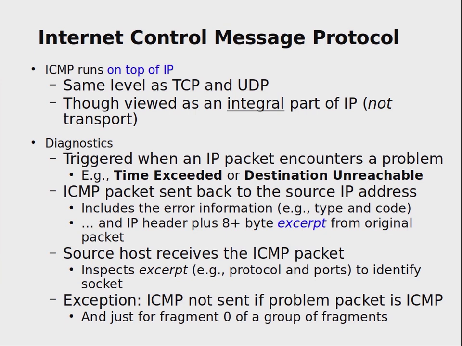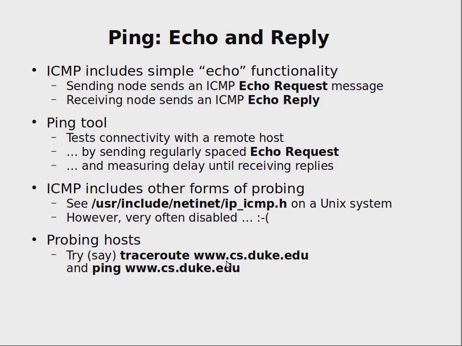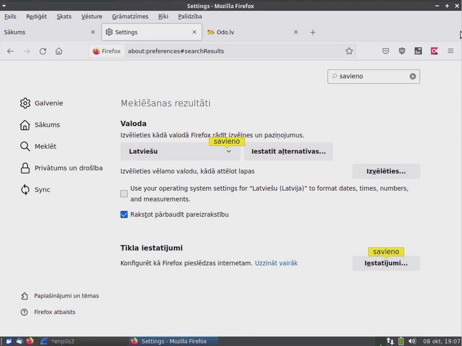You can, for example, request something like please respond. That would be an echo request. You can do other things, but in most cases you usually check, for example, whether somebody responds to something or not.